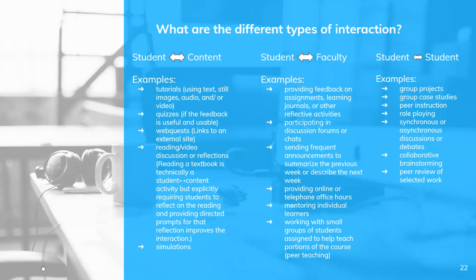So examples of student to content are listed: tutorials, quizzes, reading, videos, and simulations. Student to faculty: feedback on assignments, participating in discussion forums, online office hours, mentoring, working with small groups of students. Student to student: group projects, peer interaction, collaborative brainstorming, etc.